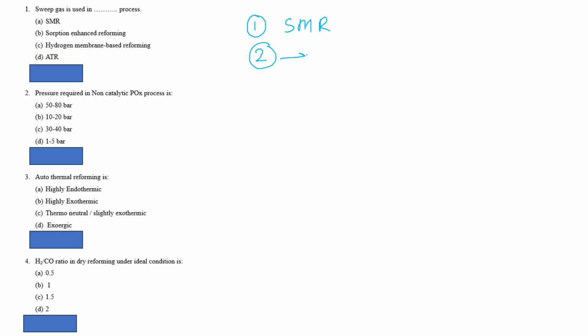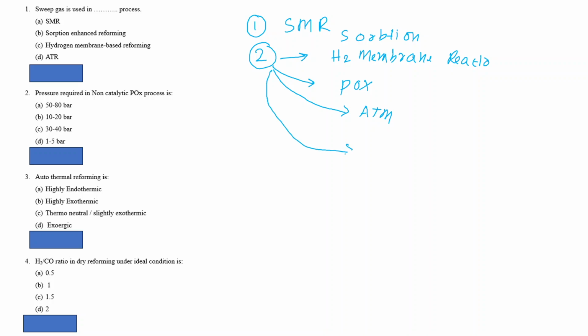In the second week, first came the hydrogen membrane reactor, then the sorption-enhanced reactions, next partial oxidation, next autothermal, and some non-conventional energy source assisted SMR reactions like solar, nuclear, and plasma.